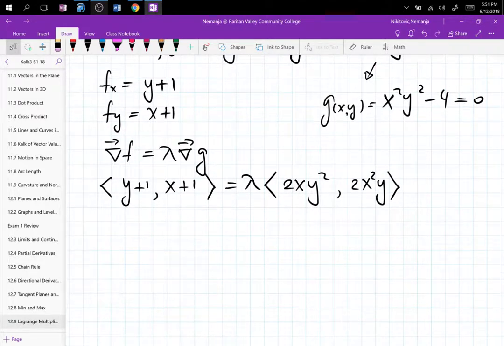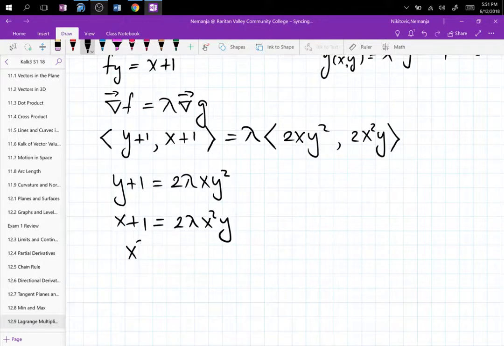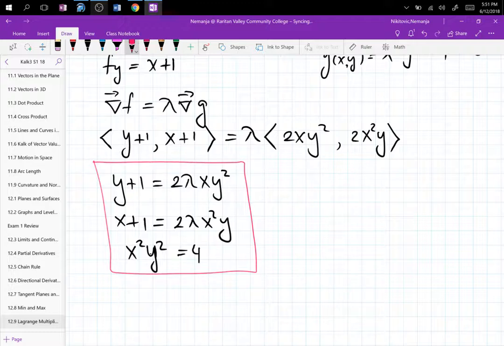So now when I'm writing my equations, I have that y plus 1 is equal to 2 lambda x y squared, and x plus 1 is equal to 2 lambda x squared y, and also x squared y squared is equal to 4. I'm going to box these equations.